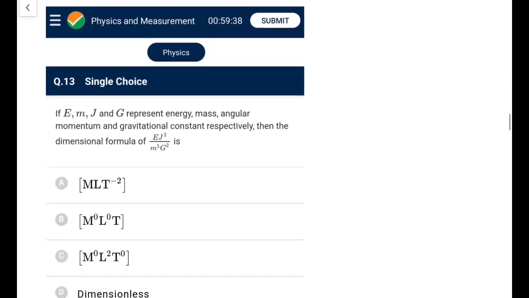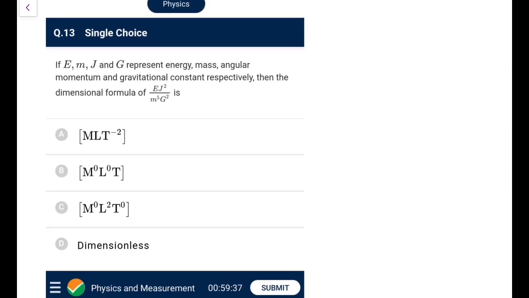Okay, next one. If E, M, J, G represent energy, mass, angular momentum, and gravitational constant, and the dimensional formula of, okay, let me check what it wants to say. E is energy, m is mass, j is angular momentum, and g is the gravitational constant. I can't remember any equation which involves these like this. So energy is ML2T minus 2.